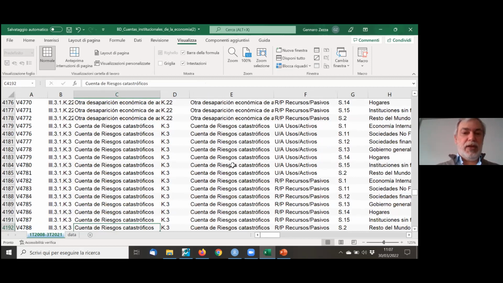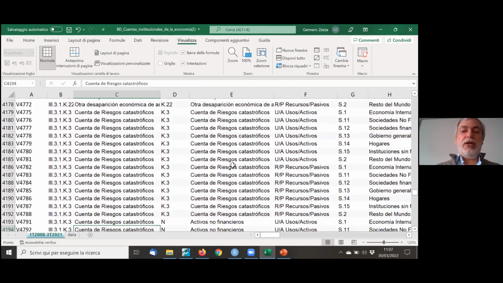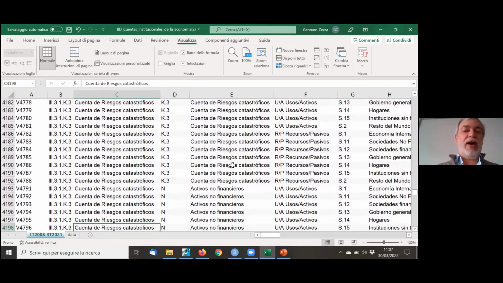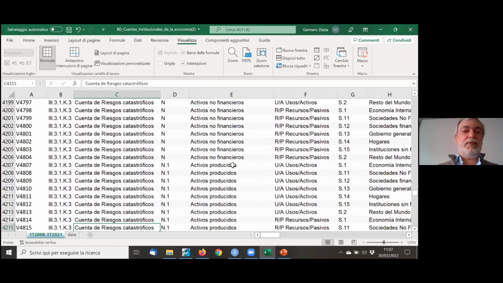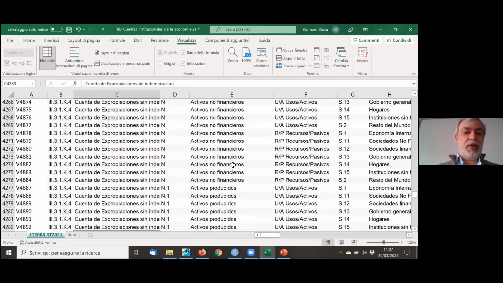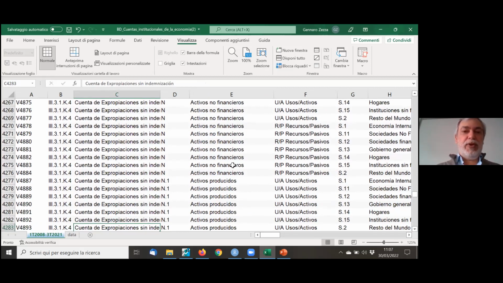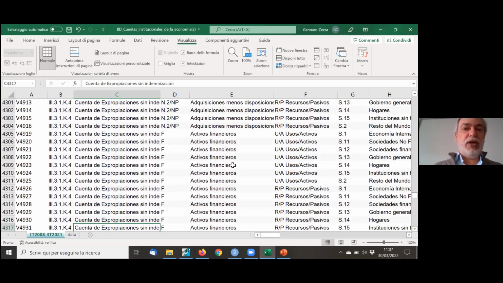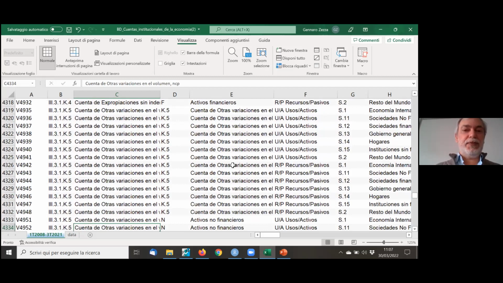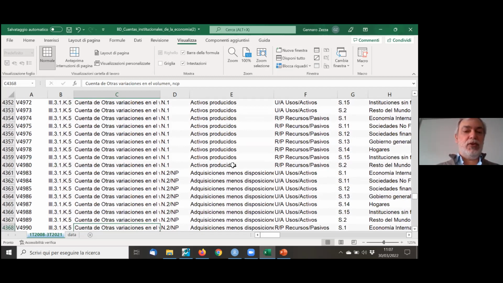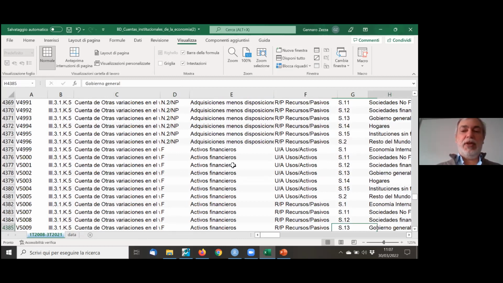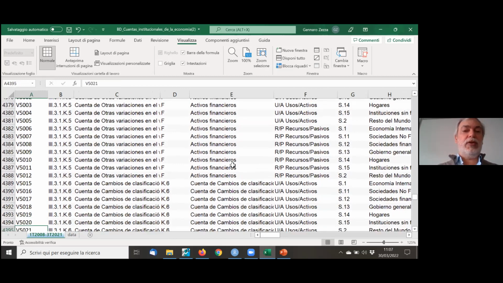This riesgos catastróficos is the loss in the value of assets due to some catastrophe. Expropriation without indemnization is another feature I've never seen in other countries. And other changes in volume is also something that they record, but they don't really know how to explain.